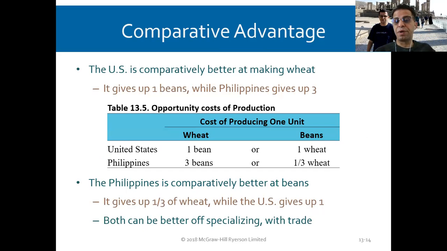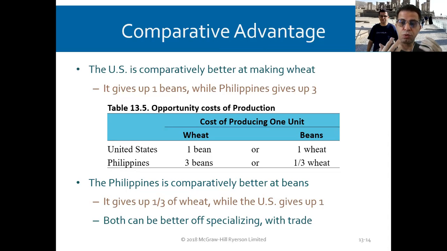So the US is comparatively better at making wheat because it gives up 1 bean, while the Philippines has to give up 3 beans. So the opportunity cost of production means that 1 wheat equals 1 bean for the US, while if the Philippines produces 1 wheat, they sacrifice 3 beans.